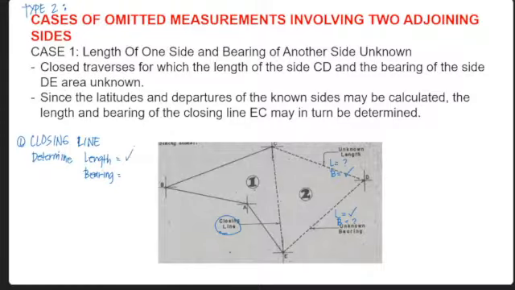After we get our length and bearing, we can now consider an isolated triangle alone, para ma-solve natin sa mas madaling paraan yung mga length and yung bearing ng another side. Okay? So first thing is to introduce a closing line, determine its length and bearing, because from its length and bearing, doon tayo magpo-compute ng ating mga unknown measurements.